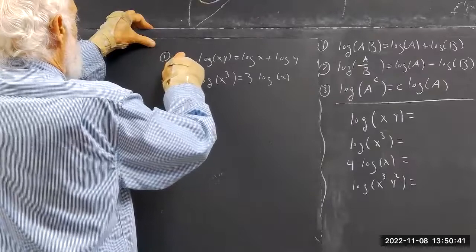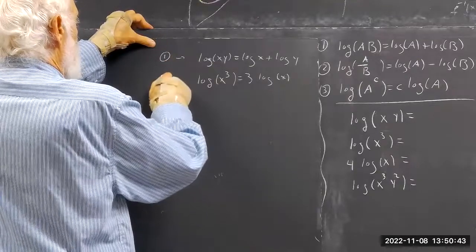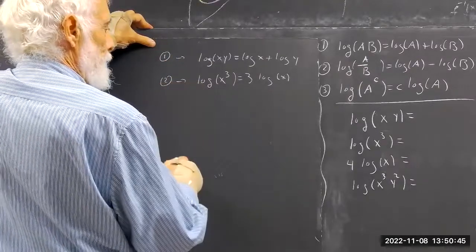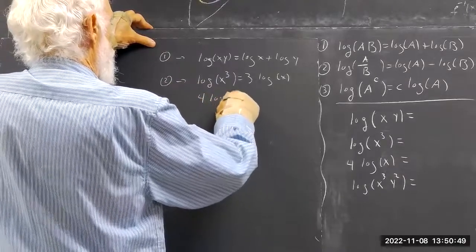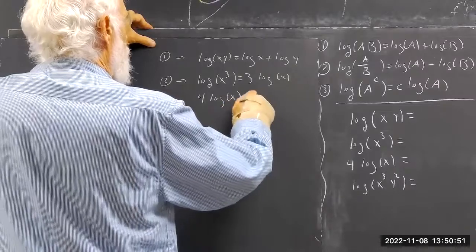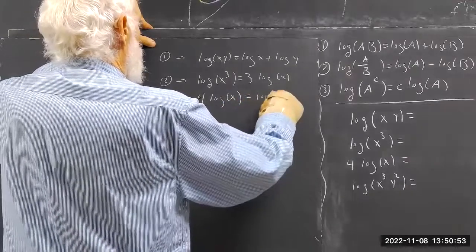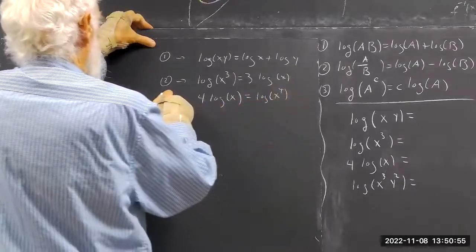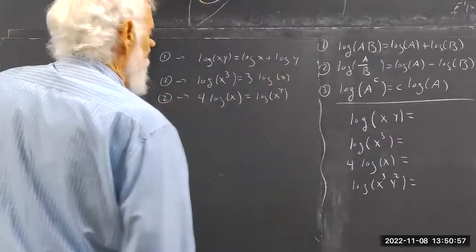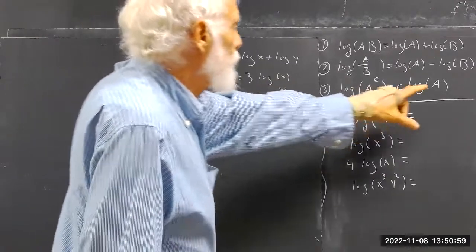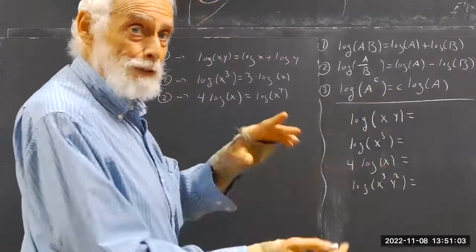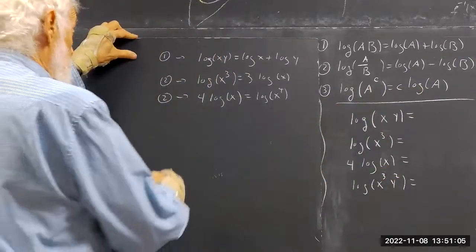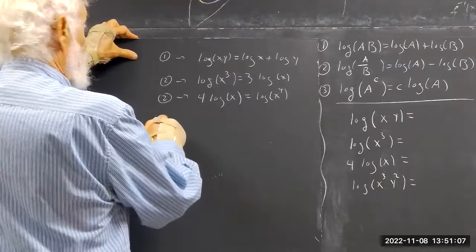Now this is by rule 1. This is by rule 2. And then 4 log of x equals log of x to the 4th. And this is also by rule 2. But of course, what you have here is the right-hand side of rule 2, and you do the left-hand side. You write these in any order.